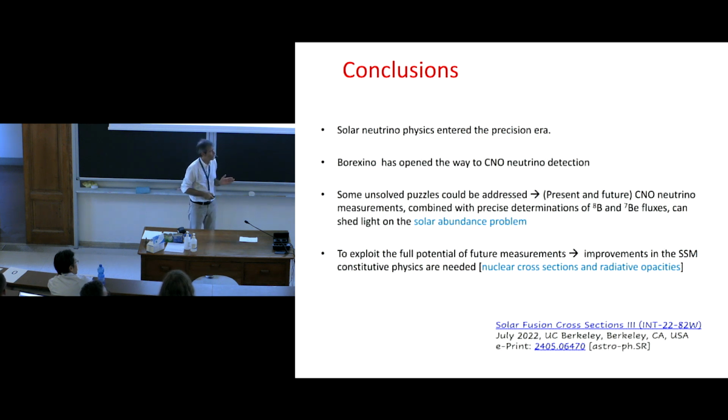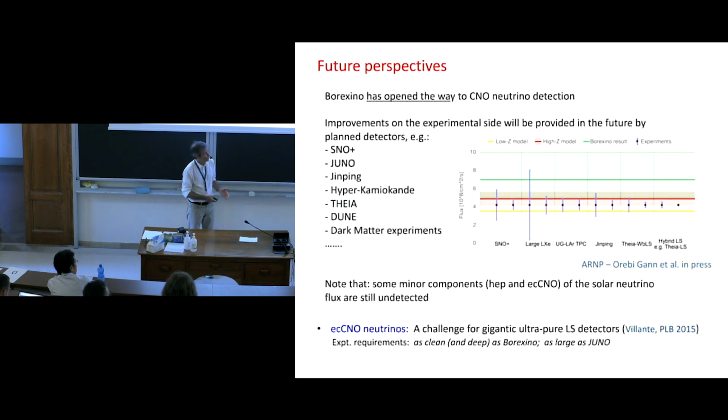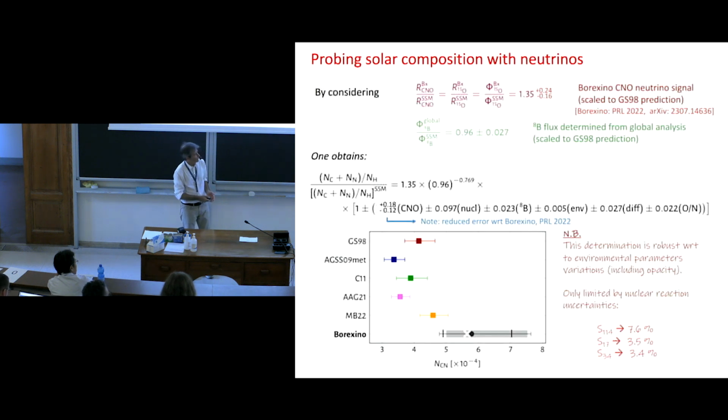Because during the last 30 years, we went from 20% uncertainties of the relevant nuclear reactions to 10%. Now we are at the level of a few percent, 4 or 5% uncertainties. The dominant contribution in this game is given by this reaction. This is determined with 7% accuracy. The others are at this level, and so on.